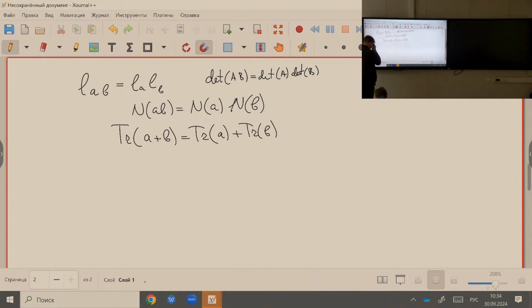So in particular, you can think of field extensions.